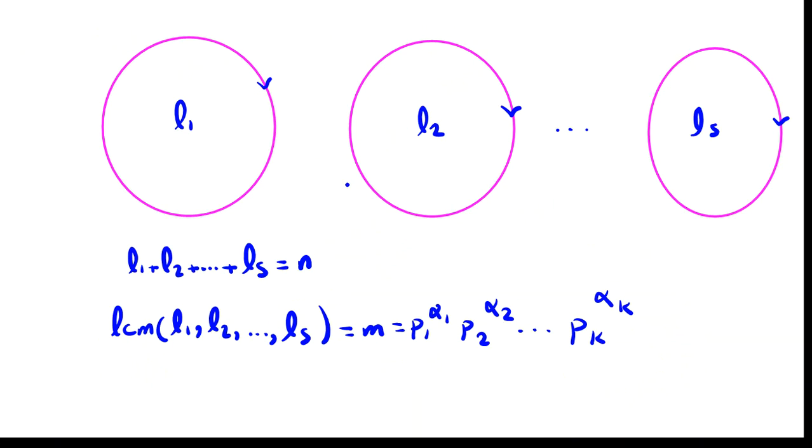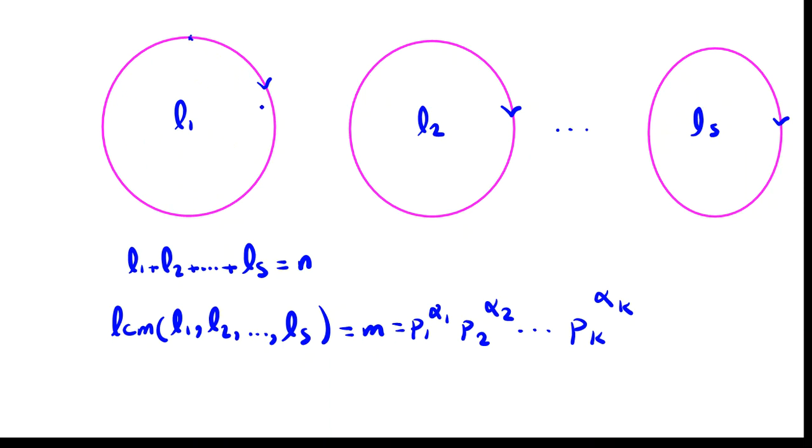Now, what do we want to find? We want to find some cycle lengths L1 to Ls whose sum equals n, because we have n chairs, so the permutation is on 1 to n. And we know the elements in a cycle of length L1 return to their original seat after L1 claps, so after any multiple of L1.